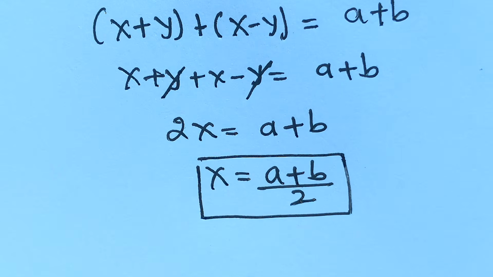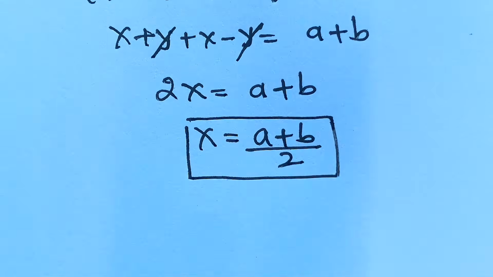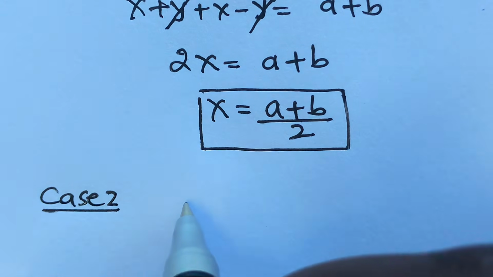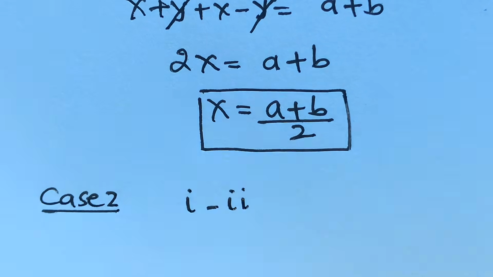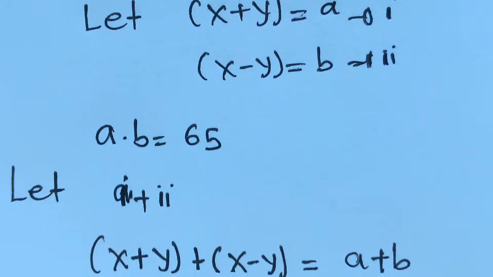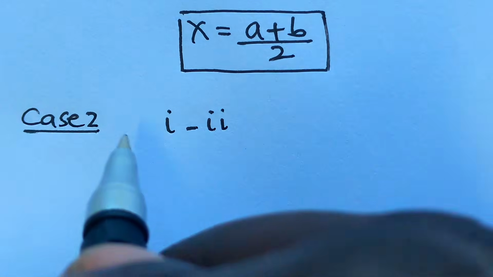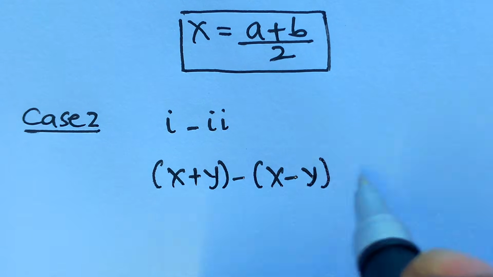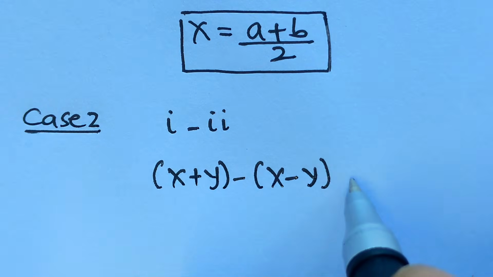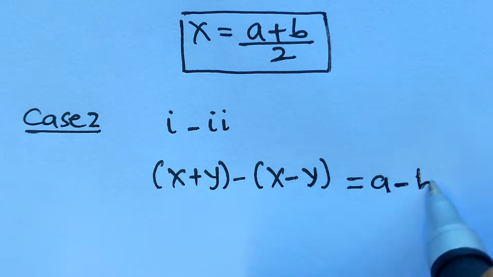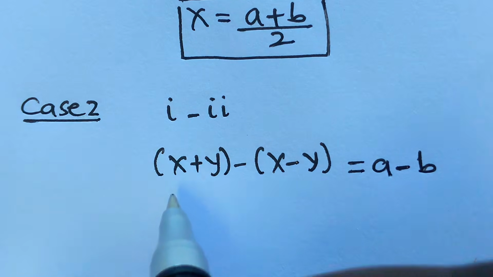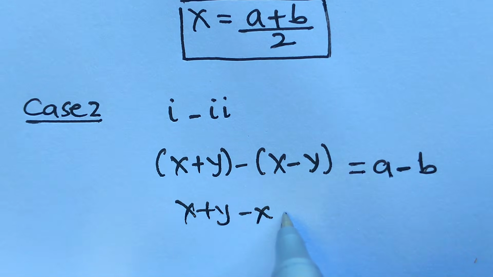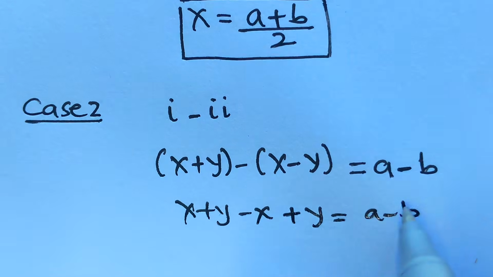Then what can we do about y? Here we take equation 1 minus equation 2. We have x plus y minus (x minus y), which is equal to a minus b.